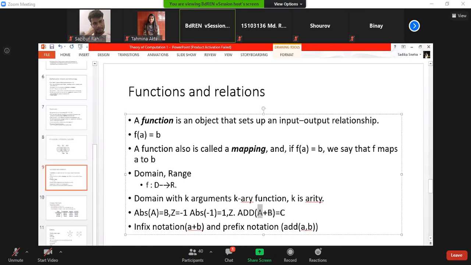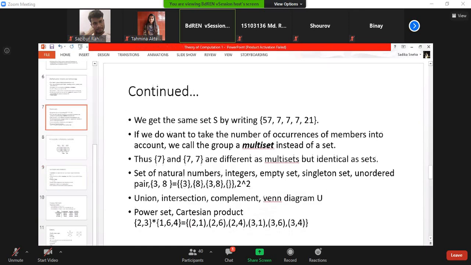So if I am asking you to add 2 elements, how many arguments will be there? If I ask you to add 2 elements, what will be the output? How many arguments will be there?